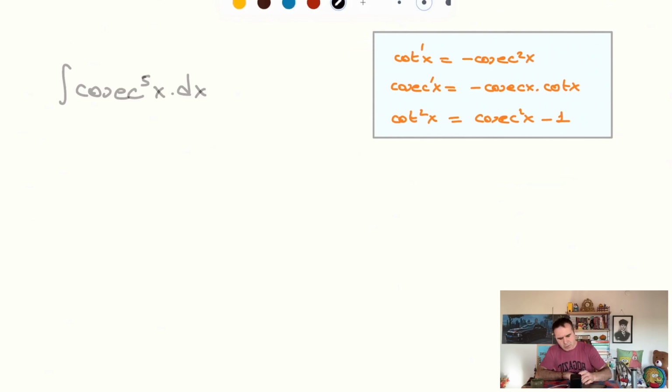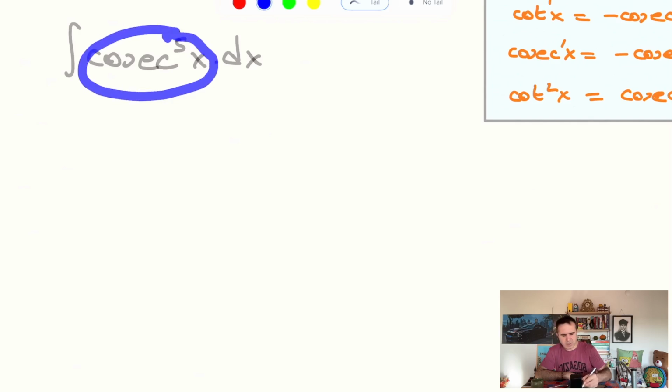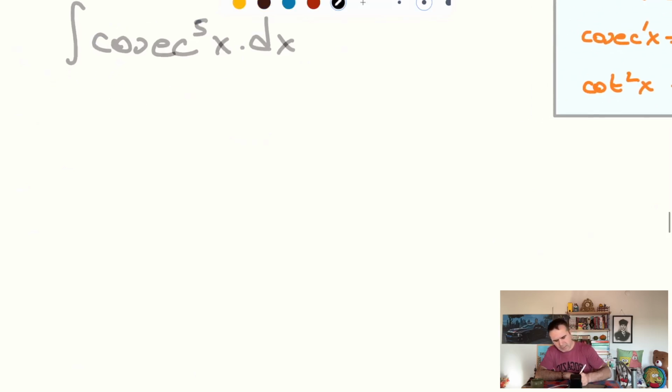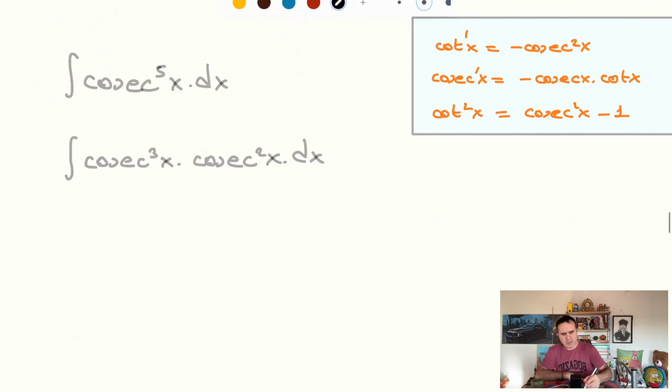In order to use the integration by parts method, we will take the cosecant square of x part from here, as we will write the integral as cosecant to the power of 3x times cosecant square of x dx. This is reduction.